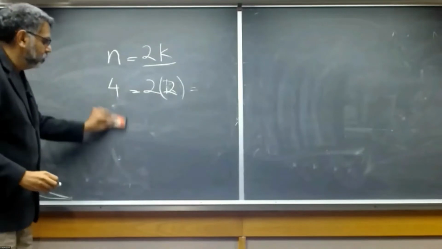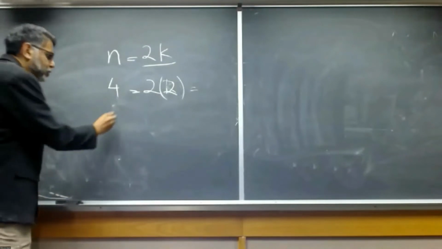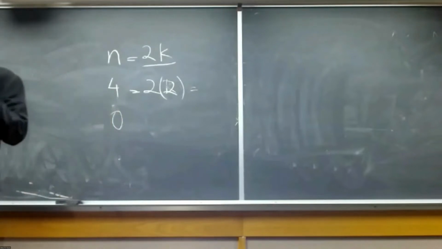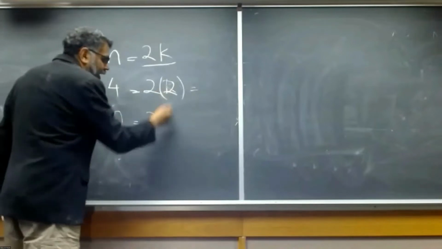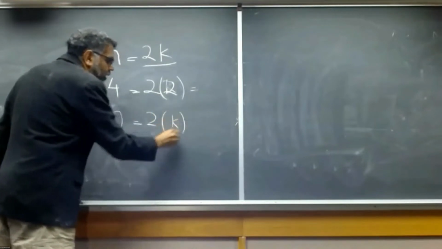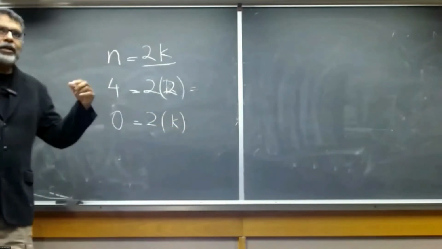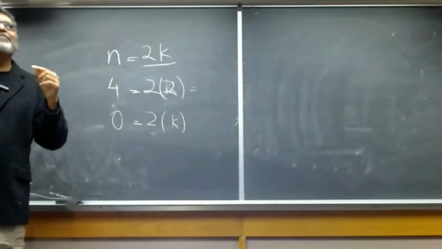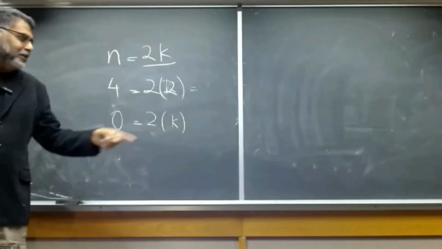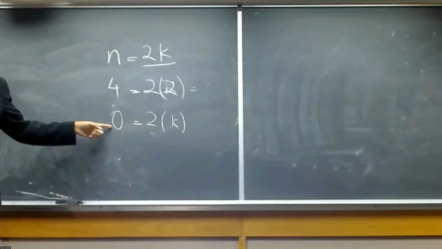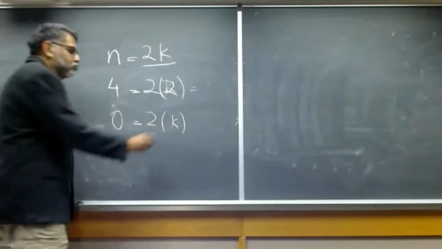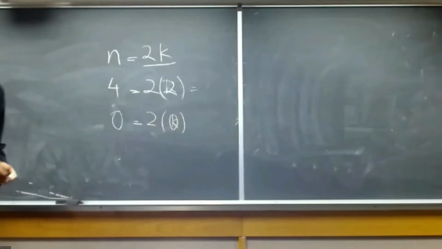Let's do something really complicated, like 0. 0 is an honorary member of the even class. So, is there a k? Does a k exist in the world such that if I multiply 2 into it, it gets me this even number? And the answer is 0 itself in this case.